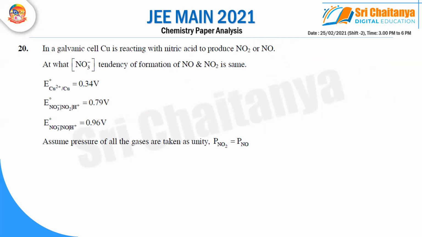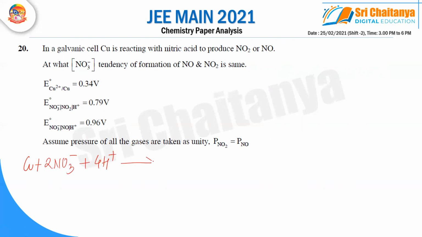Next we have a question from electrochemistry, and they are asking to compare, right? So let us start with the question. So we have to consider here two redox reactions, copper plus 2 NO3 minus plus 4H plus.